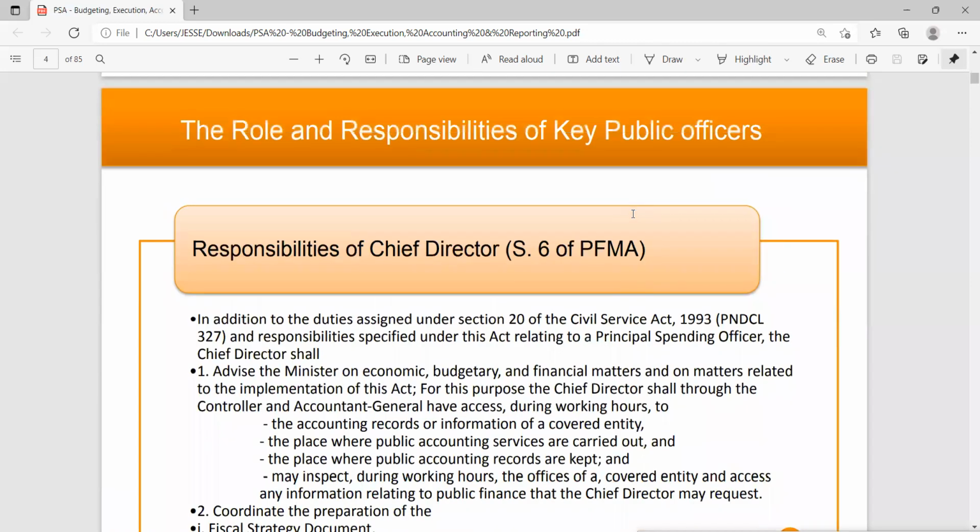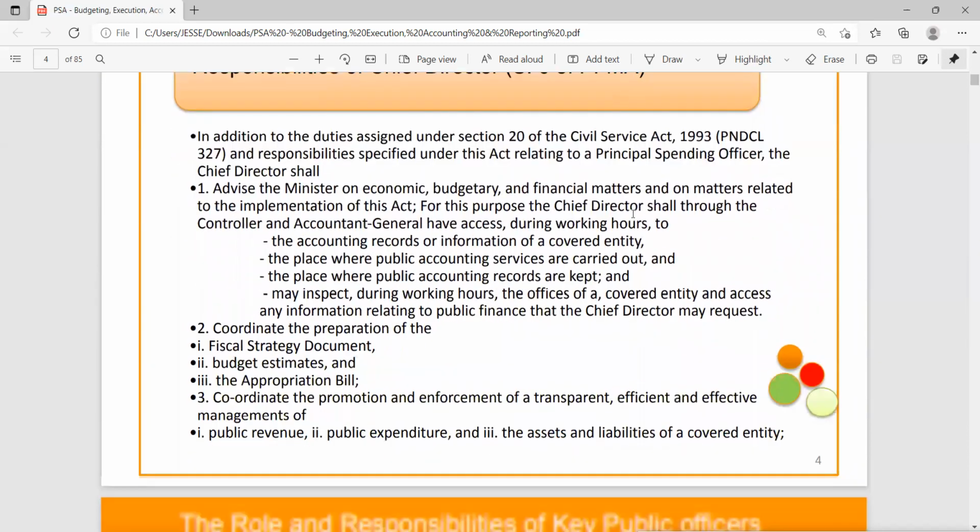Now, in our earlier discussion, we talked about the chief director. So let's try to find out what the responsibilities of the chief director are.